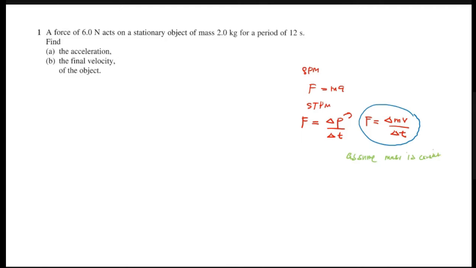If the mass is constant, then in the equation it becomes F equals m times change of v over change of t. And change of v over change of t is acceleration, so F equals ma. This derivation only happens when the mass is constant.